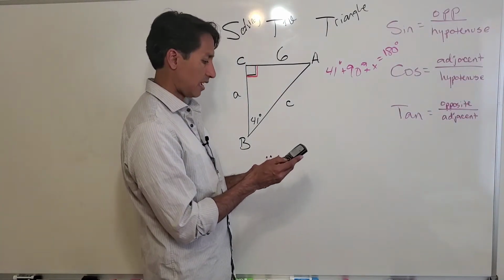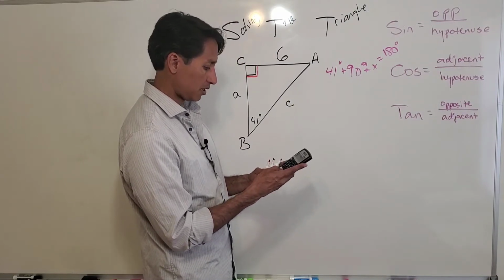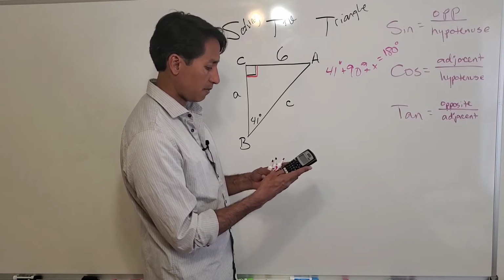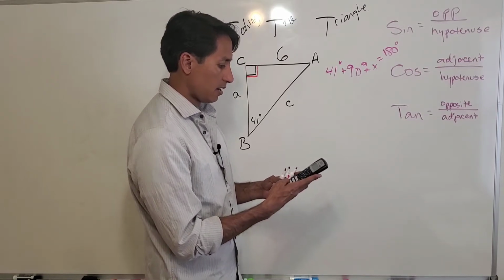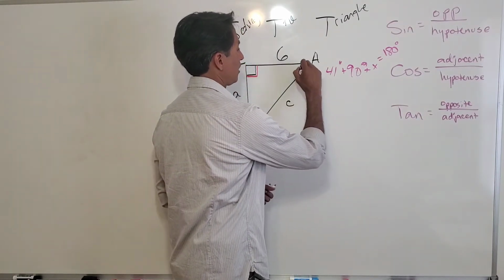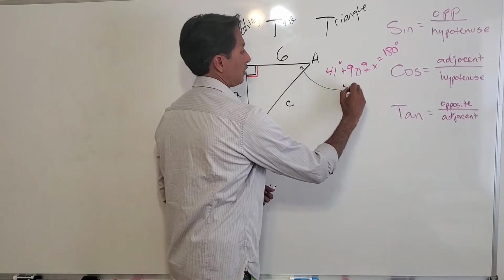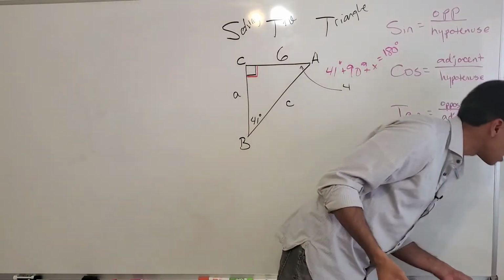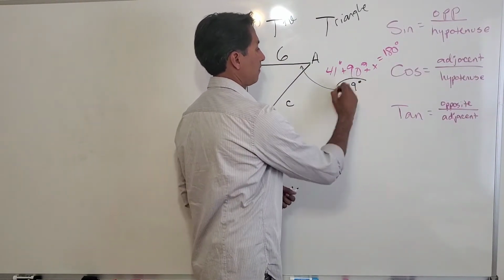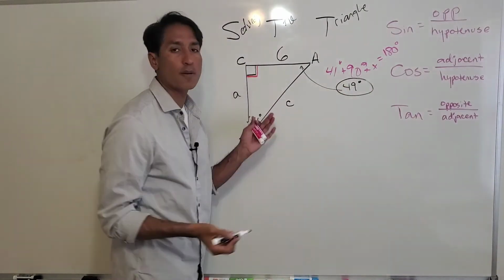I'll just say 41 plus 90 is 131. So now I have 180 minus 131 is 49. So this measurement here is 49 degrees. So now I've solved for all my angles.